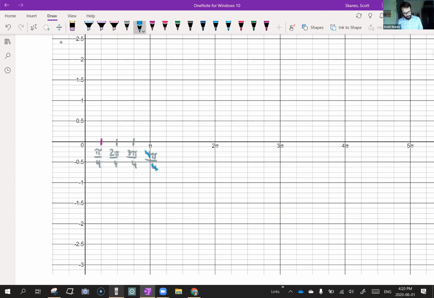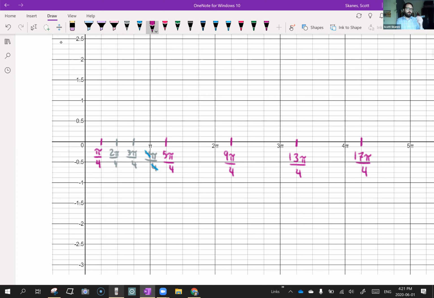And we keep going like this because we need some special numbers. If you keep going with this logic, you'll get 5 pi over 4. That's one of our numbers. You'll get 9 pi over 4 here. You'll get 13 pi over 4 over here. And you'll get 17 pi over 4 over here. And those are all the numbers that we need. I'm just going back to my table earlier on the page and finding which numbers they are.